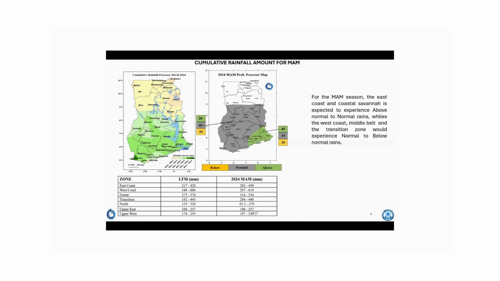So we push the forecast, and when it's time for the seasonal forecast, because they are in groups, the extension officers come online and we train them. Number two, with the intermediaries, because these people might not have smartphones, we train the intermediaries to go to them with the information.